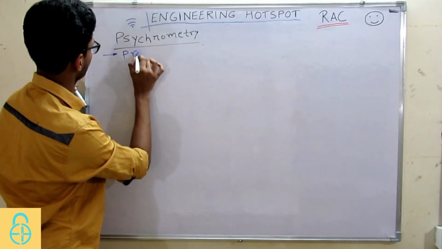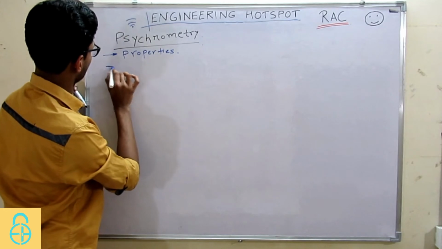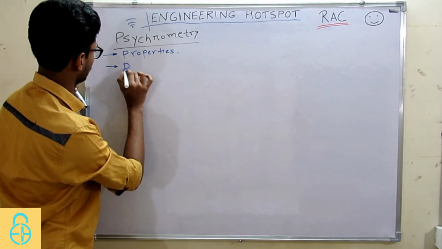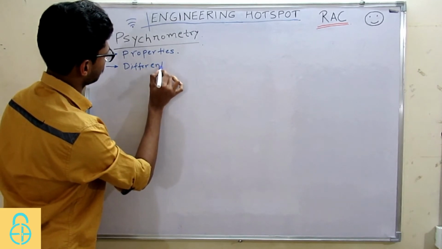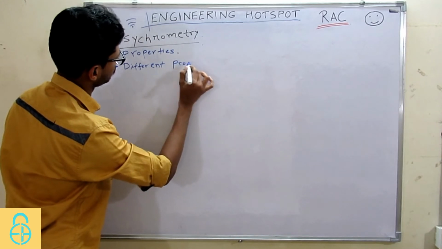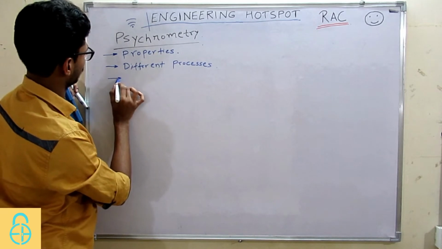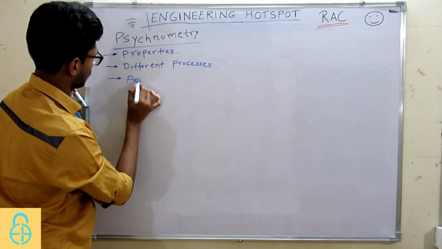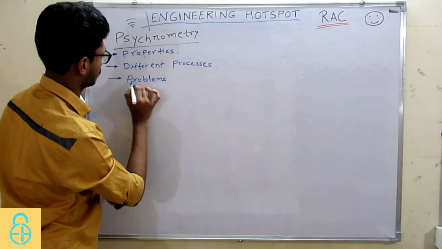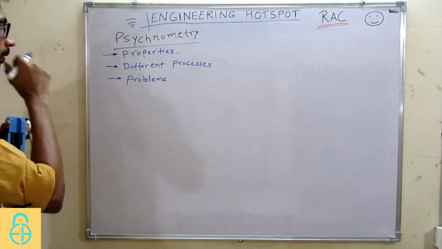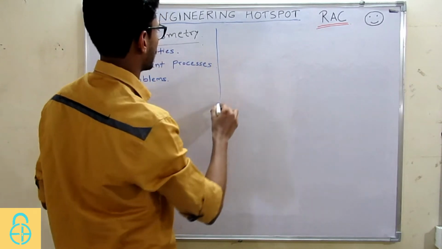One will be the different properties, then different processes, and then we will solve problems, problems that came in competitive exams or some new problems also. So let's start with properties.